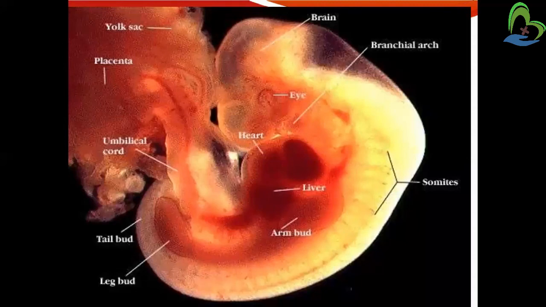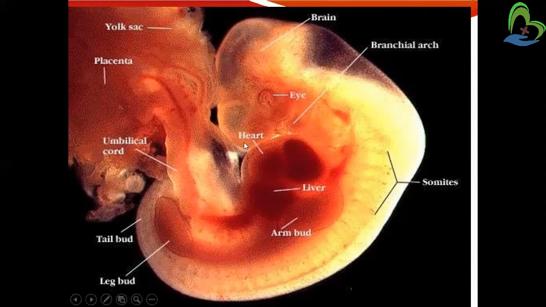In the figure, you can find the differences in the developmental stage. We already discussed in the 4th stage that brain development has already started. Then the branchial arches are also developed. There is some kind of eye formation, not fully, you cannot differentiate it, but you can find a structure that looks like an eye.